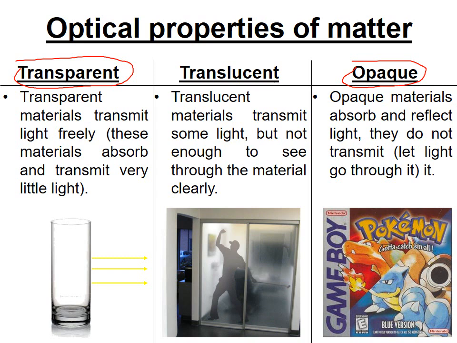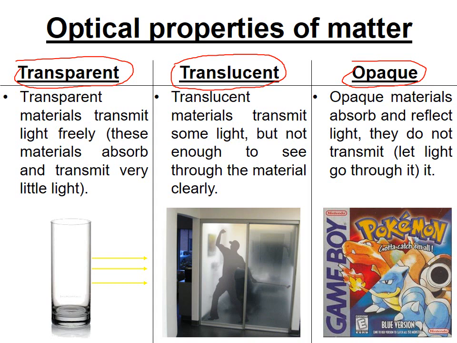So if you just hold the book up, like a textbook, your science textbook, all the light rays are reflected or absorbed by it, and as a result, you cannot see through it. In between, another type of matter is translucent matter, which does let some light through, but not as much as a transparent object.